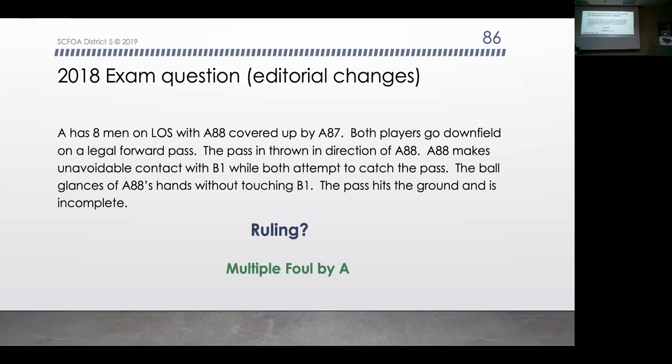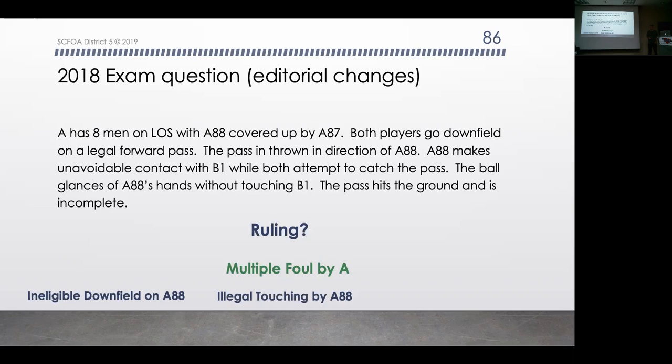So we know we got another player downfield, and he touches it, and we have illegal touching. Did A88 hinder B1's opportunity to catch the pass? No. Is A88 eligible?